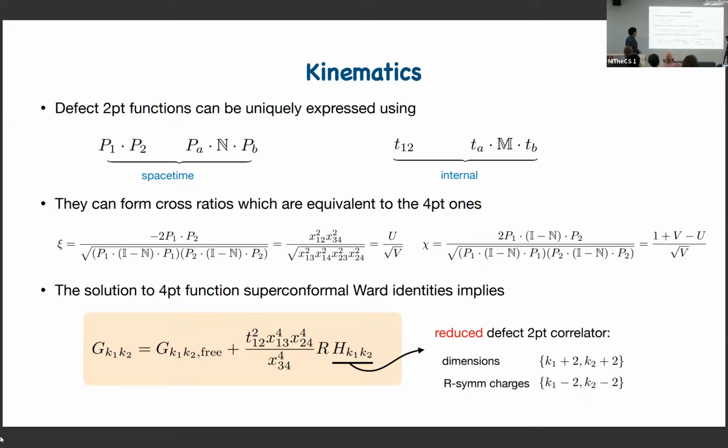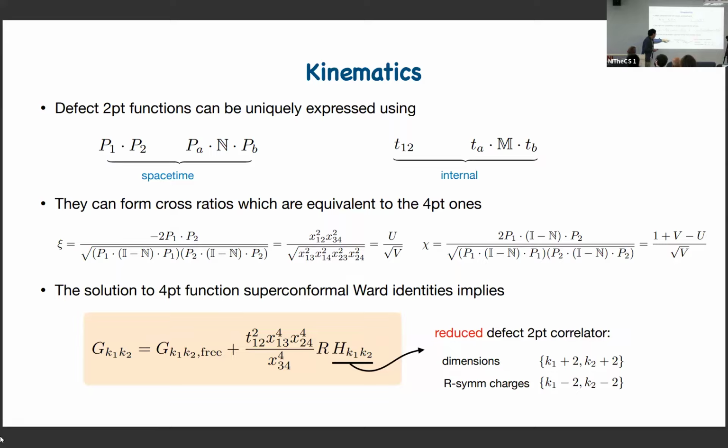Now what about supersymmetry? What does that imply for the defect 2-point function? We already know the answer because we know what it implies for the 4-point function. To get the 2-point function, we just need to divide the 4-point function by the DD 2-point function. And our previous result for the 4-point function now becomes this form.